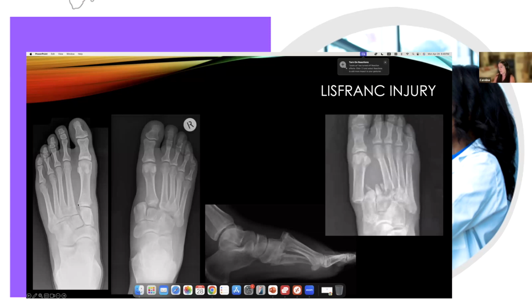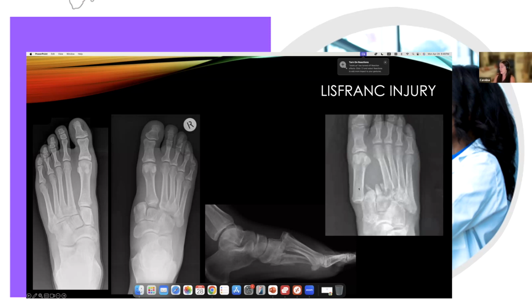In this case, we have widening of the space here of the Lisfranc joint, and we have what we would call a homolateral. Like this homolateral, we're going to the same side, like all the metatarsals are dislocating to the same side, so they're not creating a joint with the different tarsal bones that they should be joining. Instead, they're going all towards the same side.